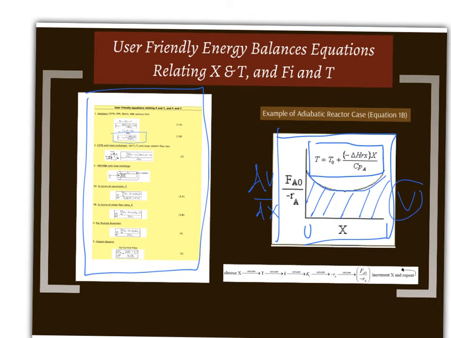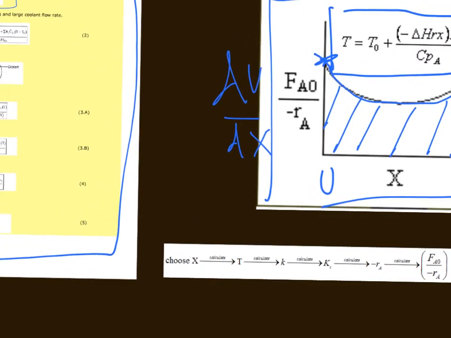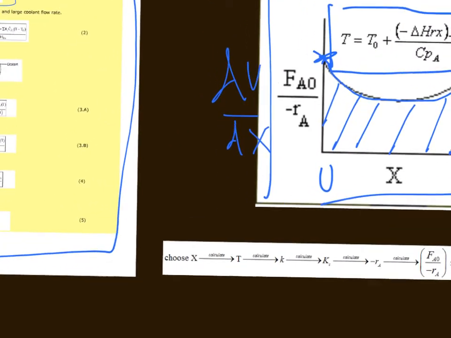So basically this particular point represents T equals T0. And then when you get your T, what you have to do is calculate your K, because remember that K equals K0 times e to the power of E over R, 1 over T2 minus 1 over T1, or the other way around.